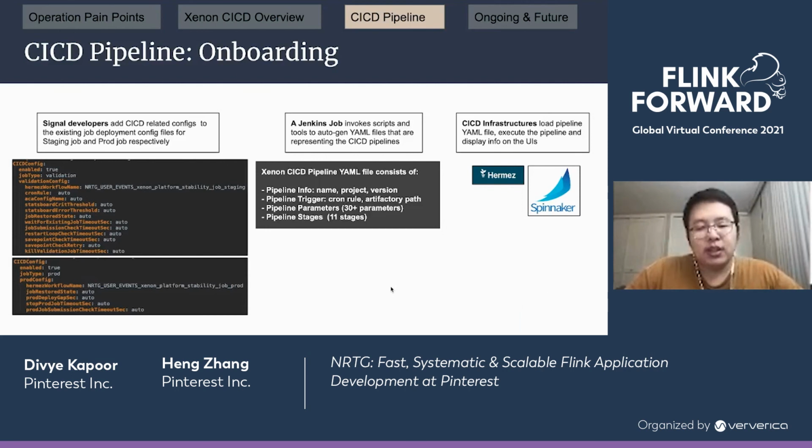These stages are fixed. We call it a template. Each CI/CD pipeline will have the same stages. The difference is their parameters. Once the CI/CD pipeline YAML file is available, the CI/CD infra will load the YAML, execute the pipeline, and also display the info on the UI I just showed.